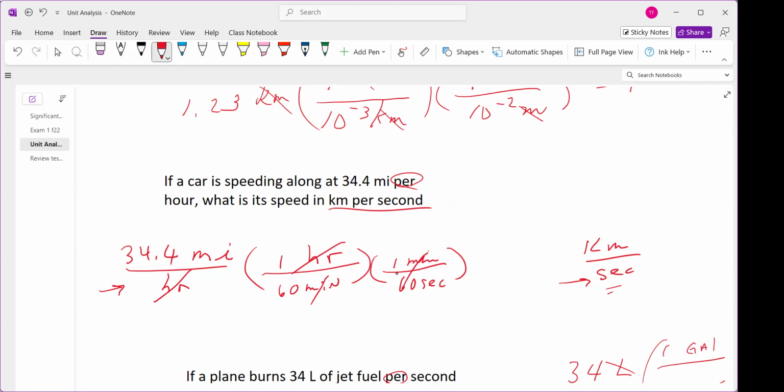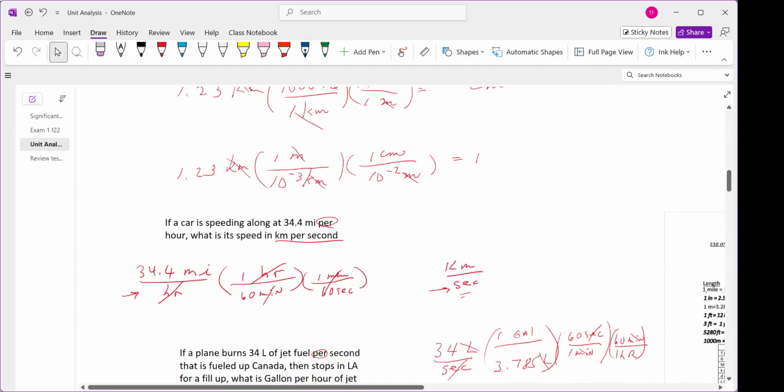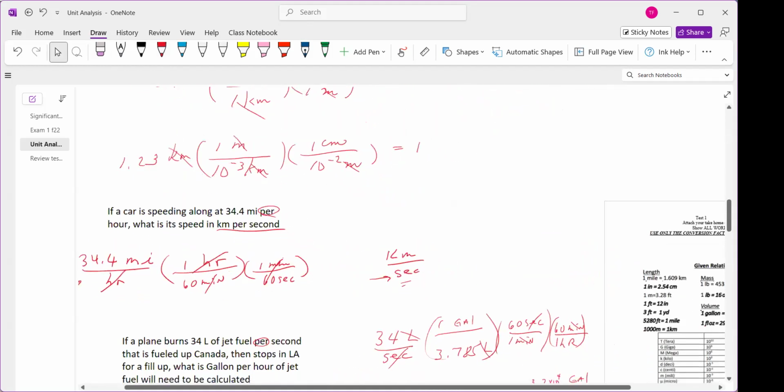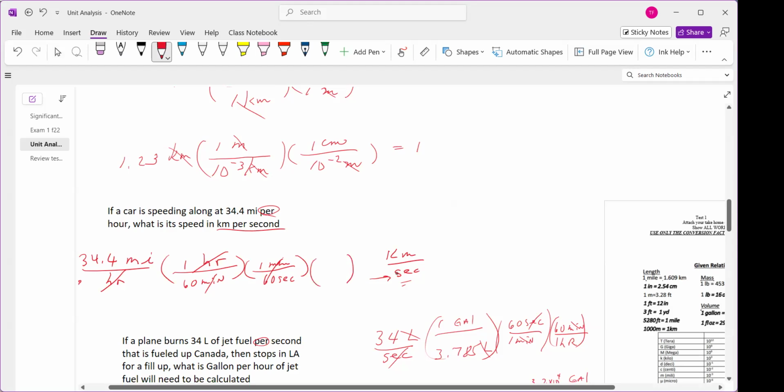Now we have to work on the kilometer side. We're going from miles to kilometers, so miles have got to cancel. And then kilometers, is it 1609? Anyone remember?